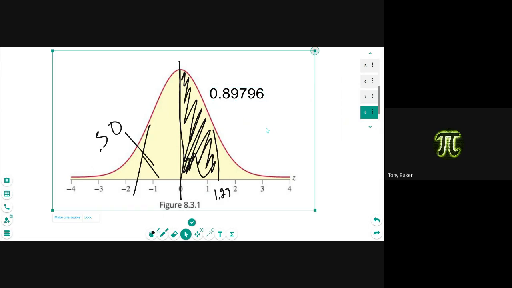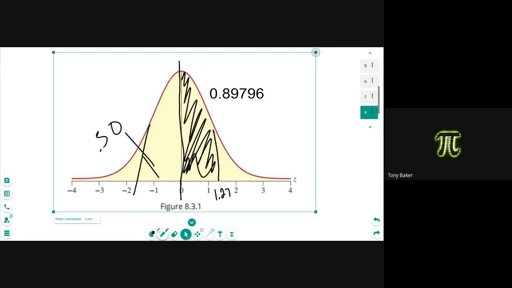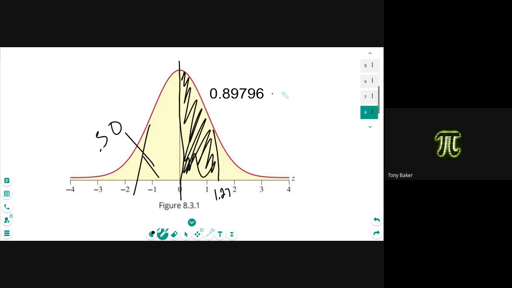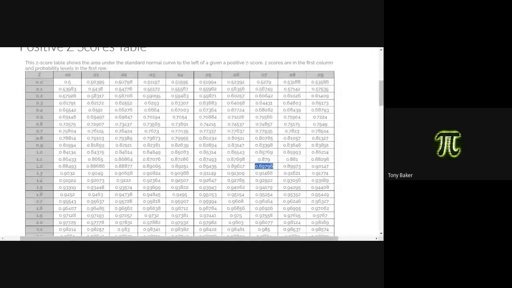And then we would subtract the 0.5 from that. So that area right there is going to be 0.39796. The Z table. So we went from 1.27.